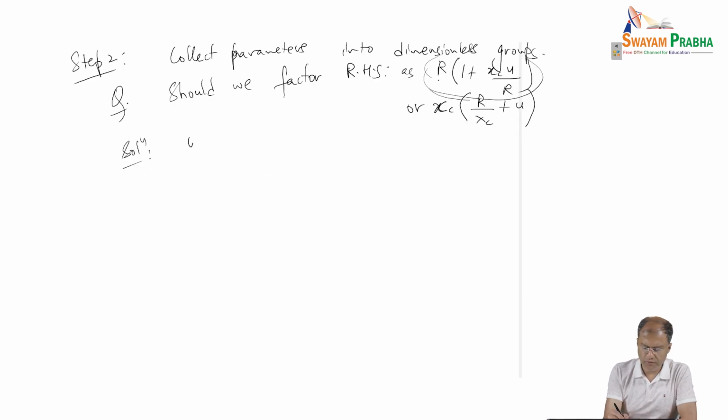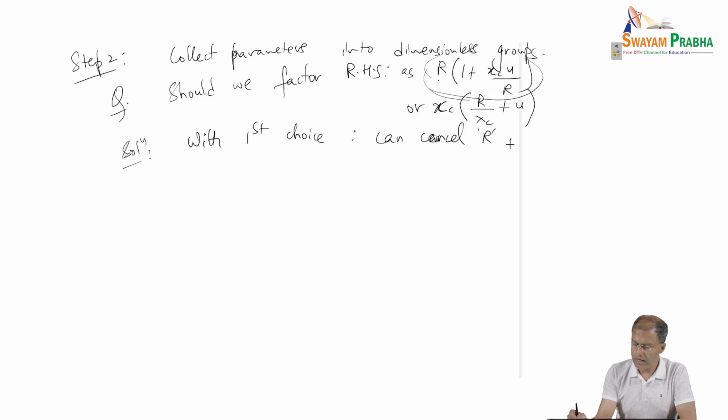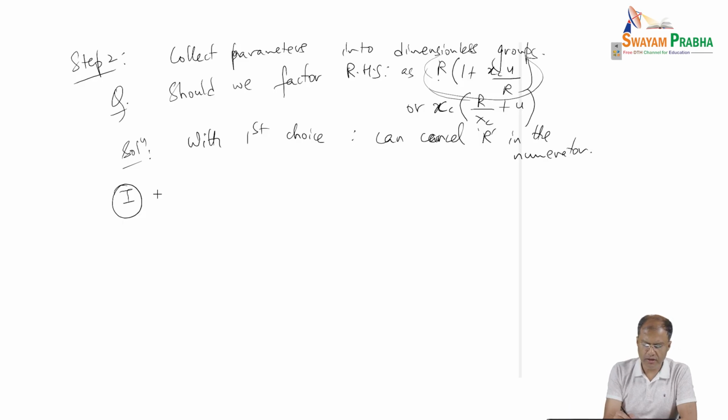So with the first choice we can cancel R in the numerator. And now my equation, the model 1, is represented as follows.